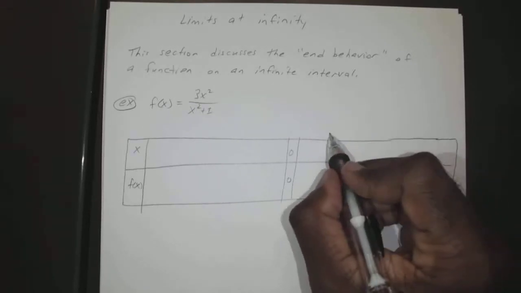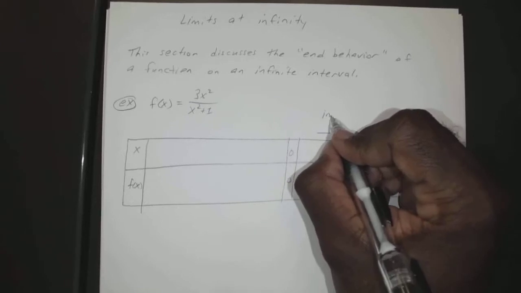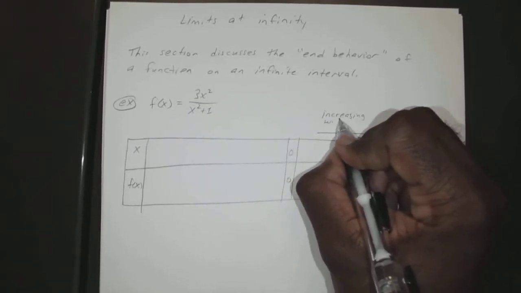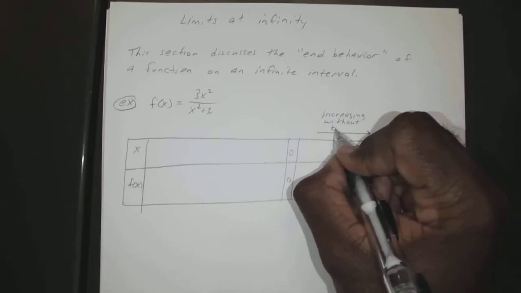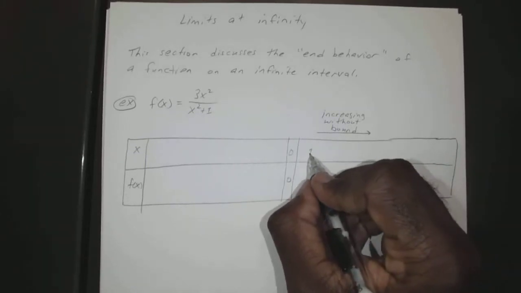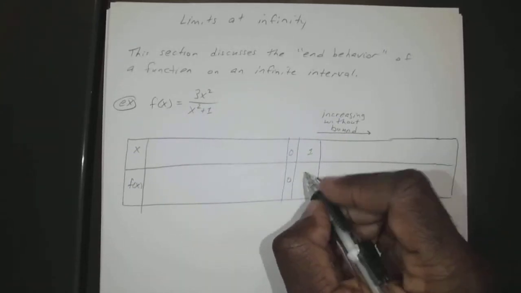Okay, let's say we're increasing without bound. That means there's absolutely no limit to how high x can go. Okay, so let's say if we start off at 1, you end up with 1.5.